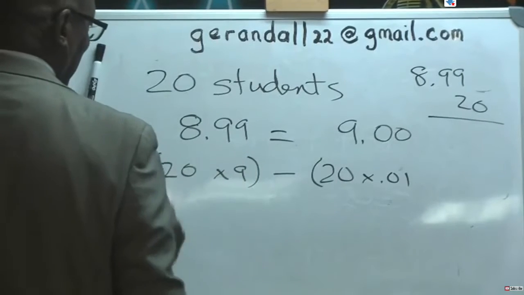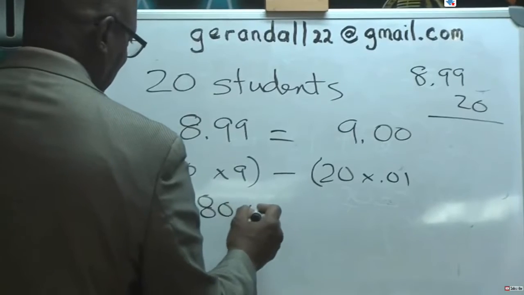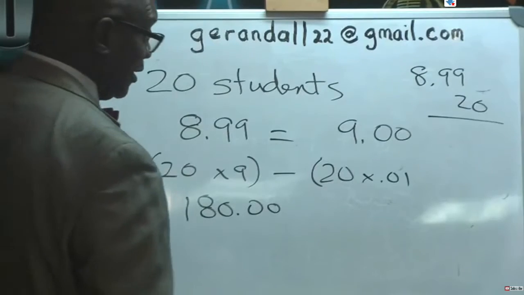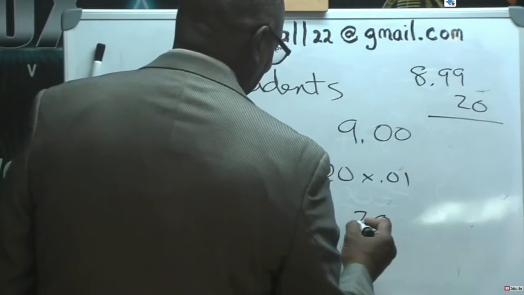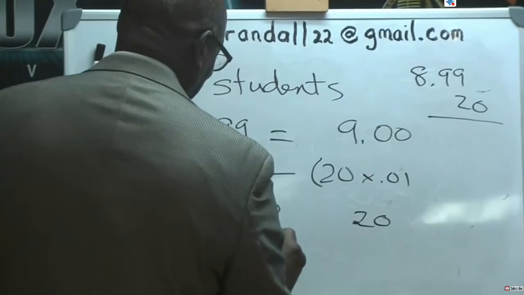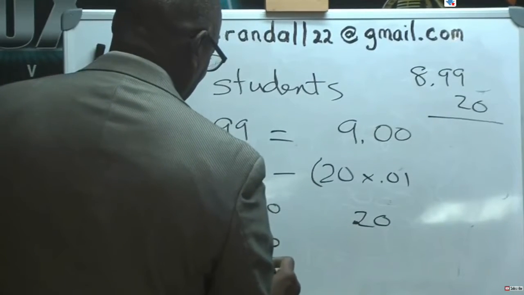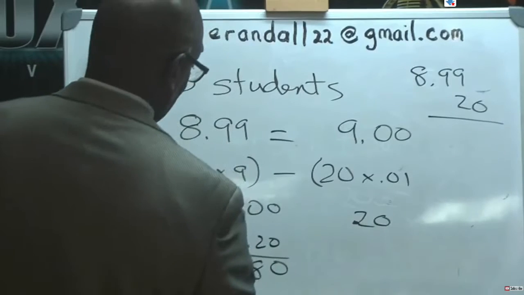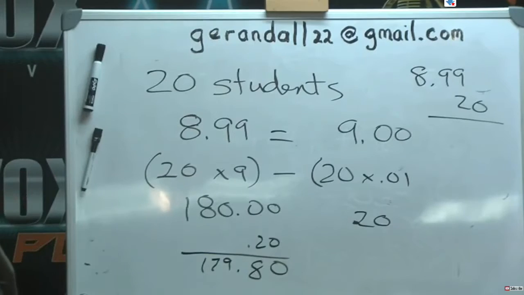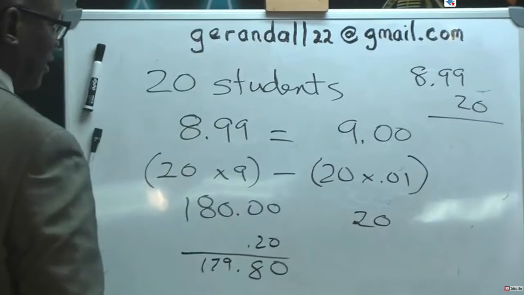We know that 2 times 9 is 18, and put that 0, 180. And over here, 1 penny times 20, 20 cents. And then we subtract 20 cents, right? That should be, what, 179? Real quick.